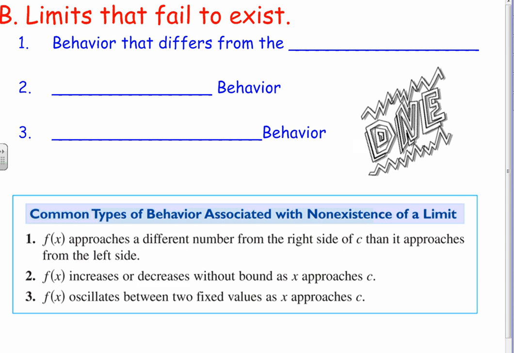So, limits that fail to exist. There are 3 different types of limits that fail to exist. Behaviors that differ from the left side versus the right side. When they don't agree, the limit does not exist. Another type of behavior where limits fail to exist are unbounded functions.